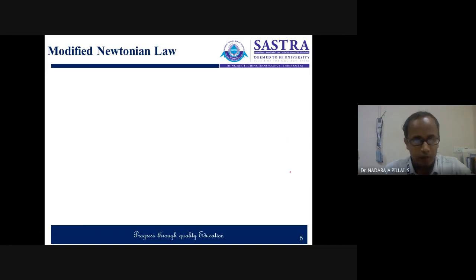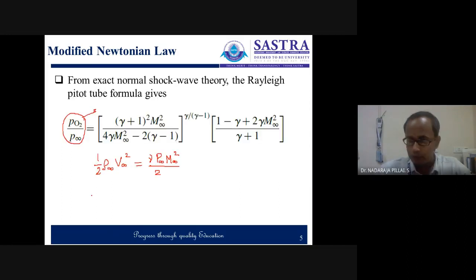Okay. So we can write the CP max here. CP max is equal to 2 by gamma M infinity square into P naught 2 by P infinity minus 1.